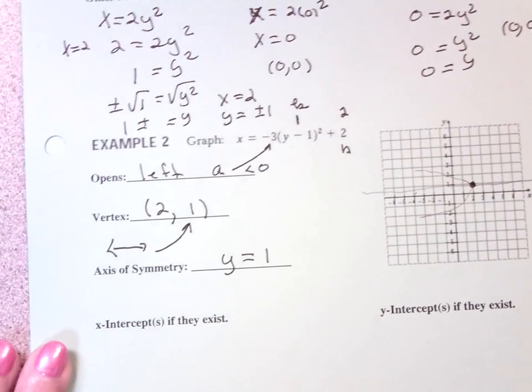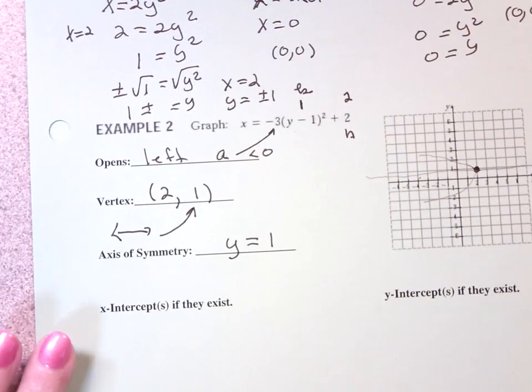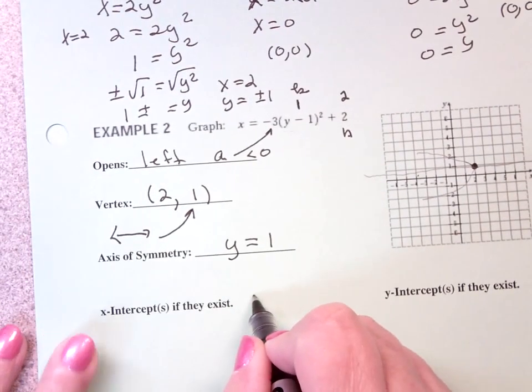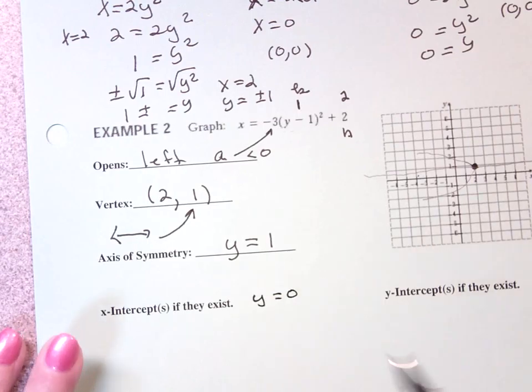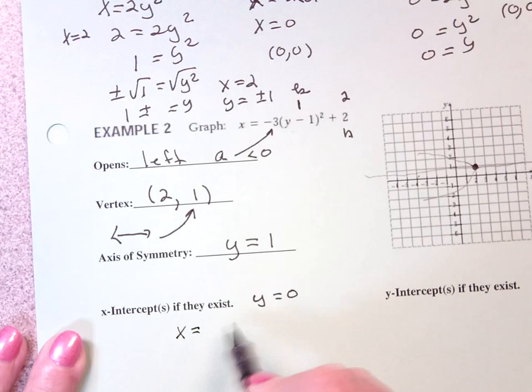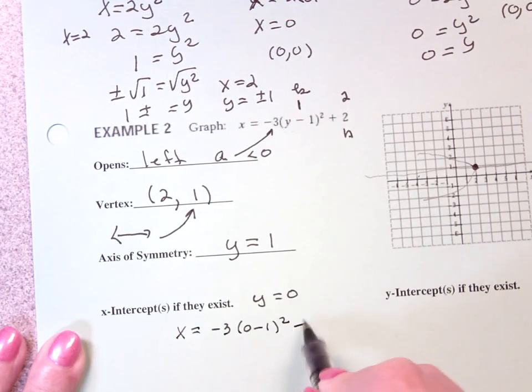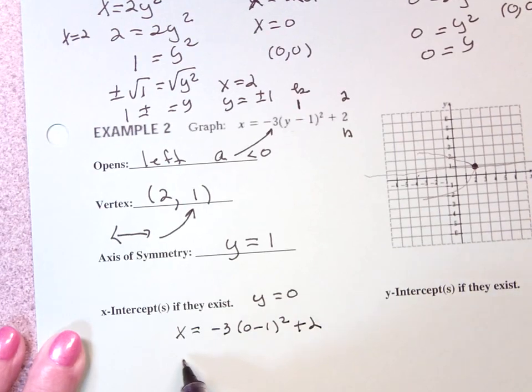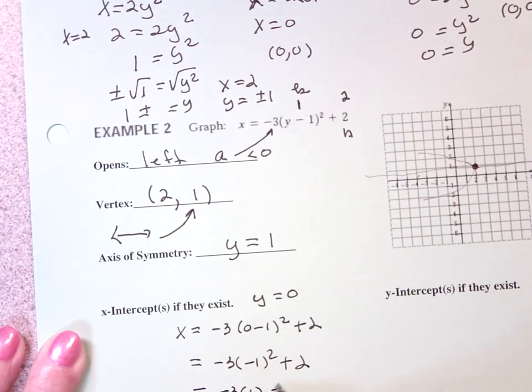So I'm going to go after first the x-intercepts. And the x-intercept is where y equals 0. So that would say that x equals -3 times 0 minus 1 squared plus 2, which is -3 times -1 squared plus 2, which is -3 times 1 plus 2, which is -3 plus 2, or -1.